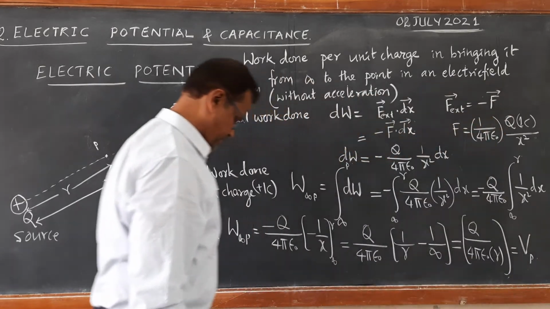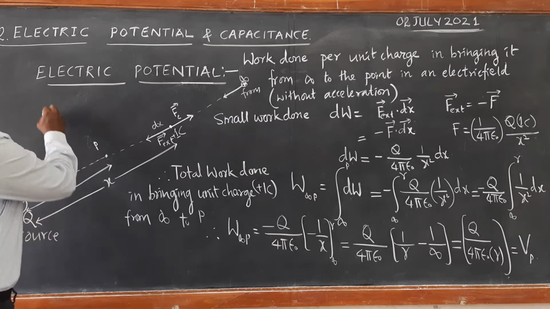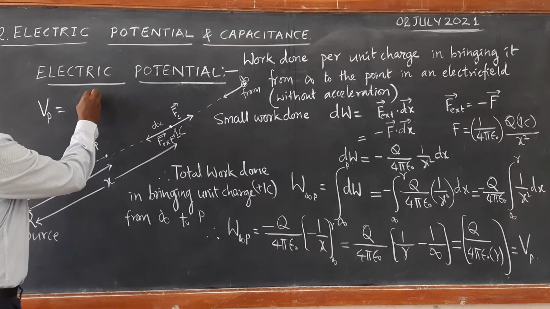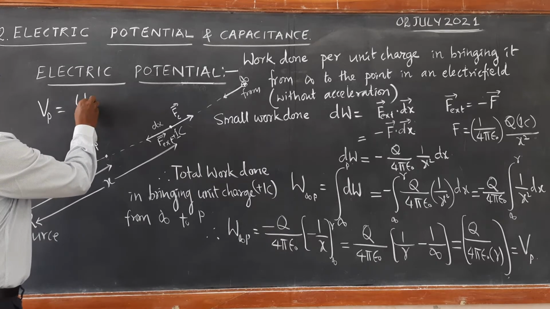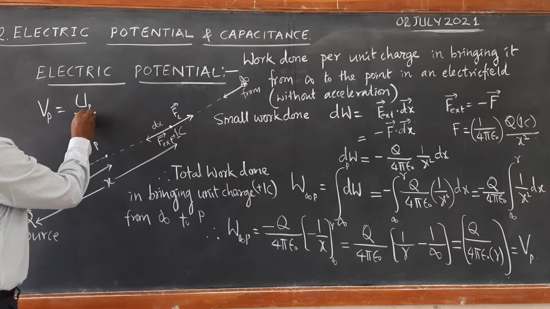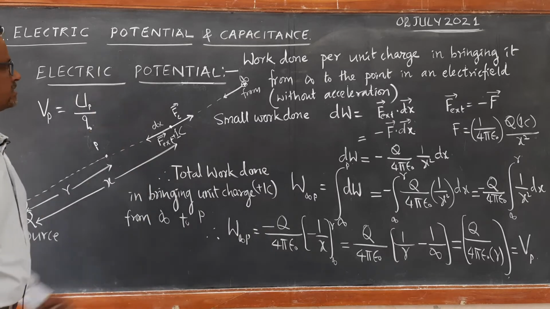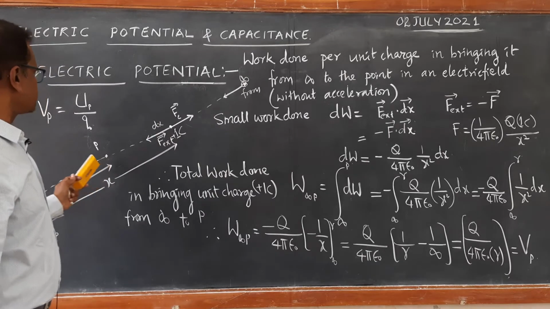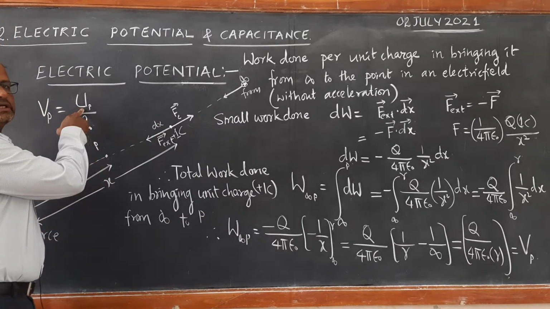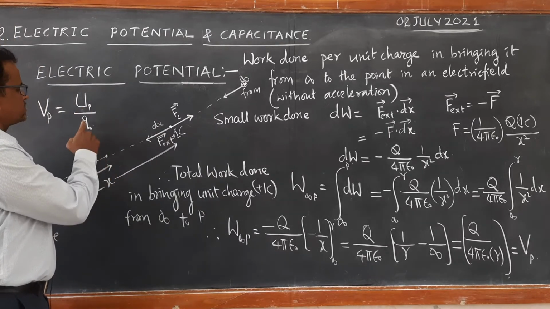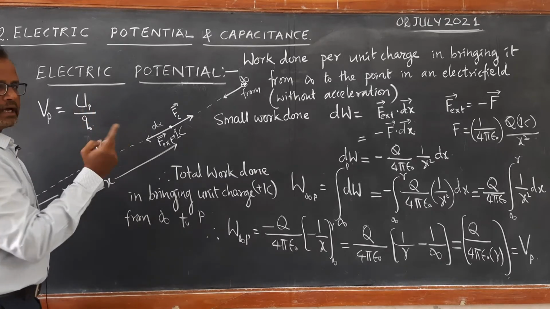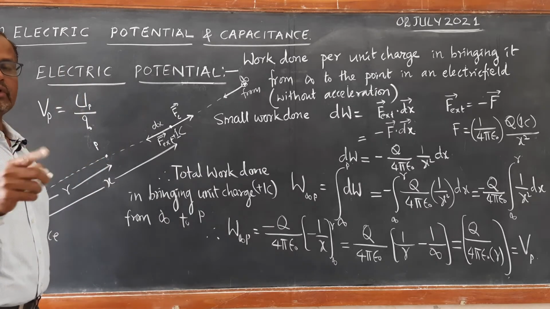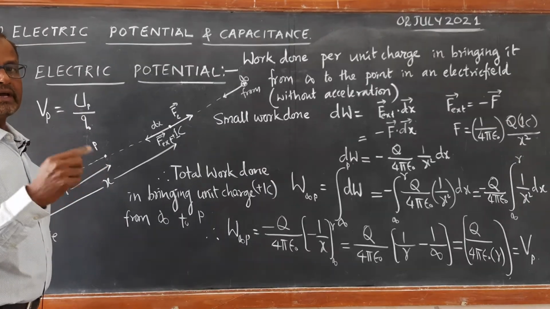So potential at P, now you can see, is nothing but potential energy at P per unit charge. If you assume that this is a test charge being brought from infinity to this point, then we calculate potential energy at that point P. Potential energy at that point P is, as we got earlier, 1 upon 4 pi epsilon naught q naught q upon r square.